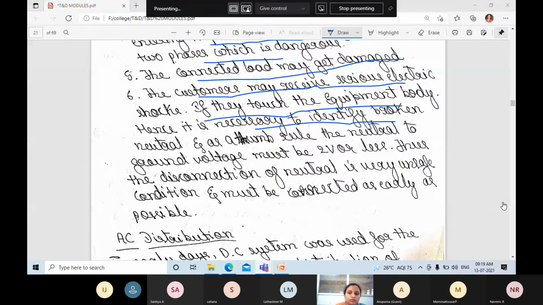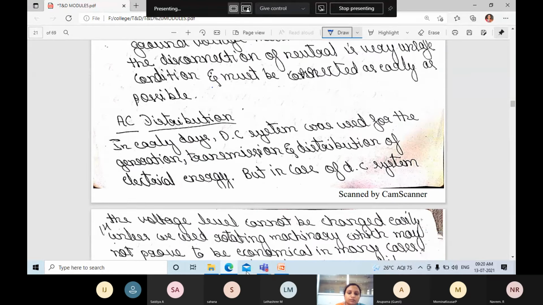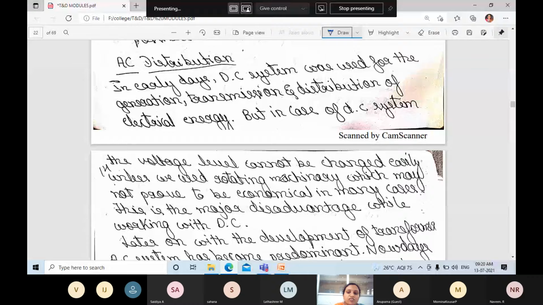Okay, next, AC distribution. In early days, the DC system was used for transmission and distribution of electrical energy, but in a DC system the voltage level cannot be changed easily unless we use machinery, which may not prove to be economical in many cases.